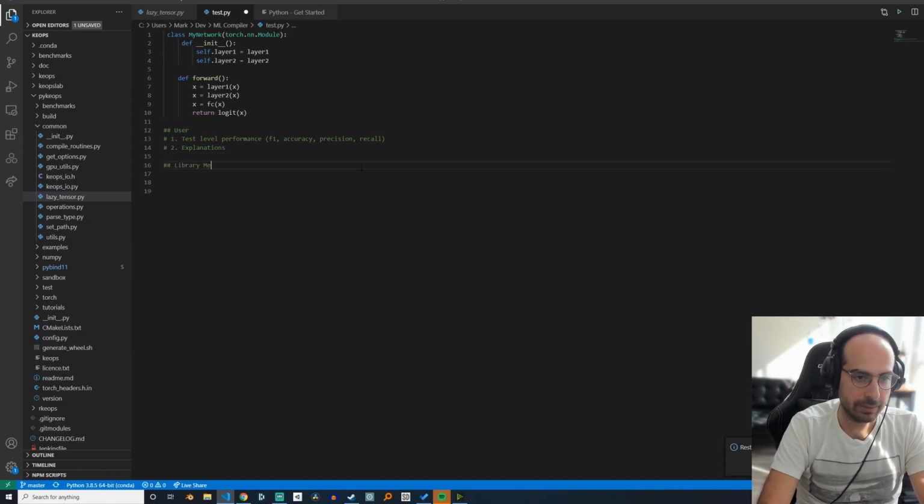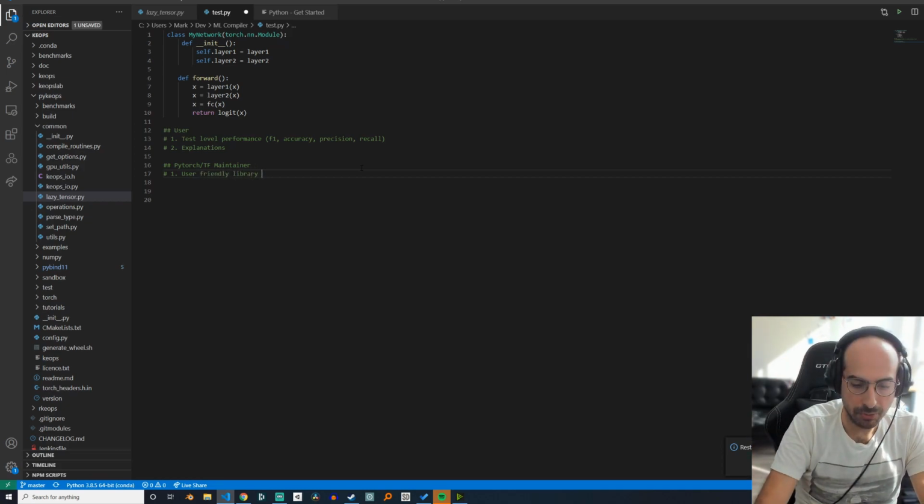However, if you're a library maintainer, by which I actually mean the PyTorch or TensorFlow maintainer, then you worry about a different set of things. One is that the library has to be usable, a user-friendly library.